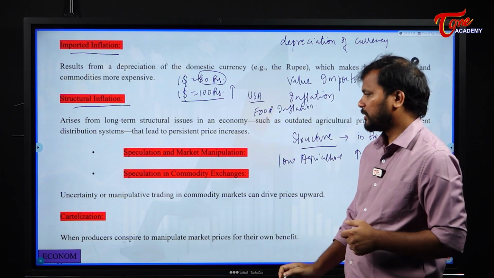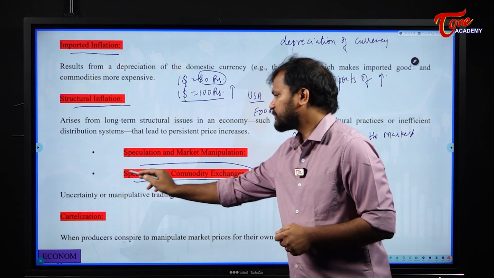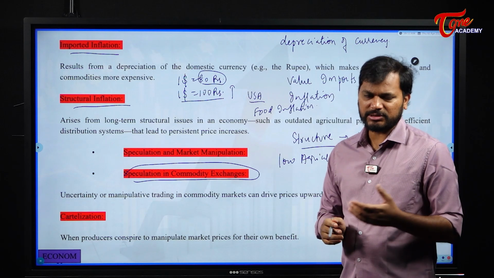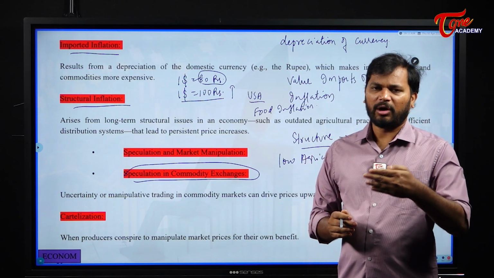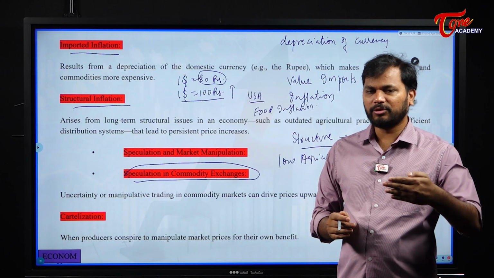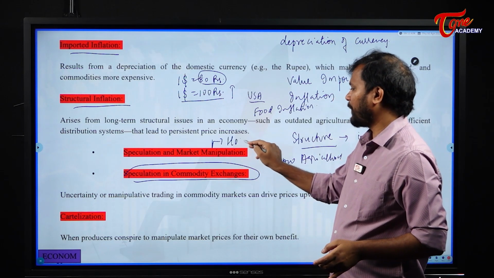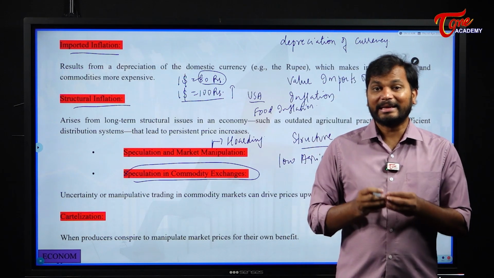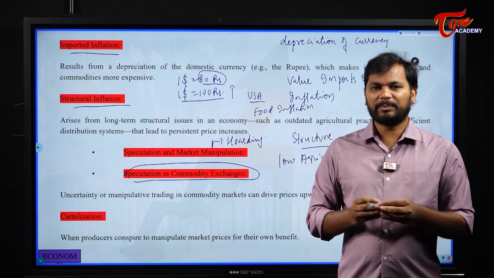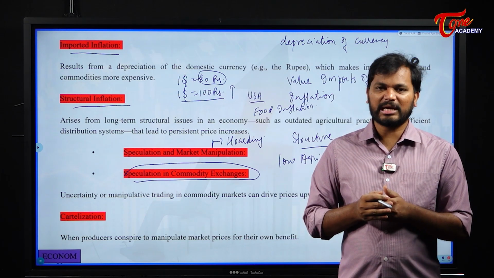Clear? Next, speculation in commodity exchanges. Speculation and market manipulation are the same thing. For example, even if there is increased produce of agricultural products or the most essential products, there is a concept called hoarding or black marketing, where the prices of certain goods are artificially increased so that profits can be generated.